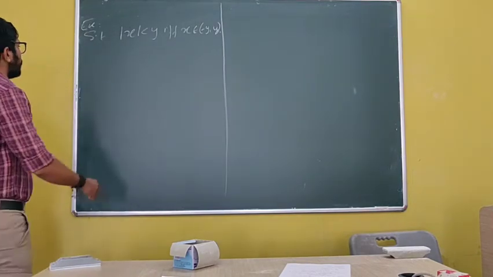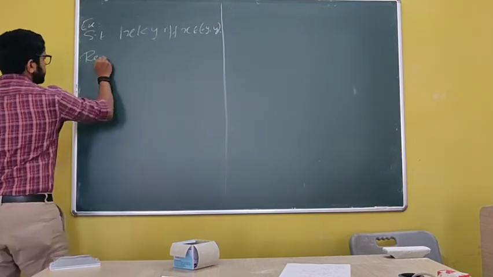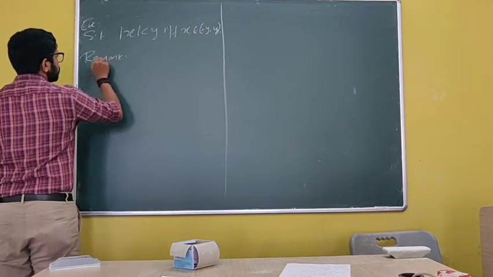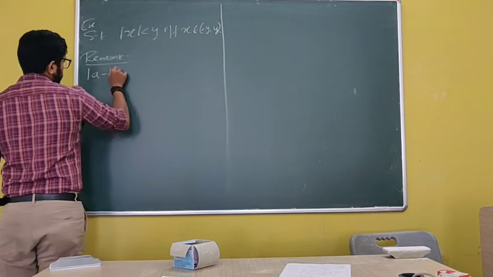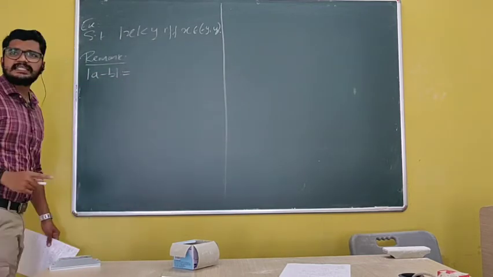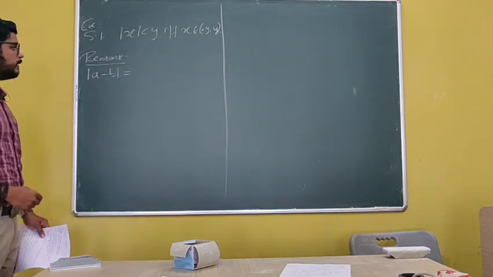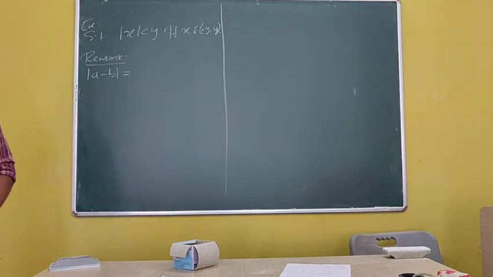So let's write some remarks. First thing you need to notice in R is when you say modulus of a minus b, that is precisely the distance between a and b. I hope the idea is clear.